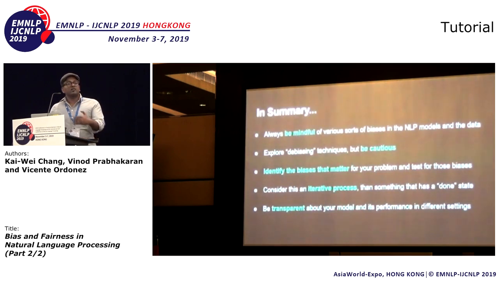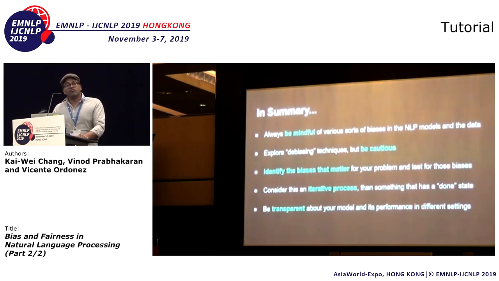And also consider this as an iterative process, rather than thinking we fix the fairness by doing some algorithmic or technical intervention and expecting that it would fix it. Always be mindful that there would still be people that we haven't thought about, people who we haven't seen or heard about, who might be hurt or impacted negatively by our model.